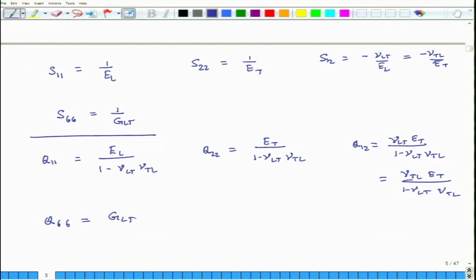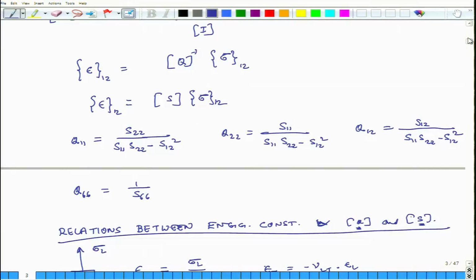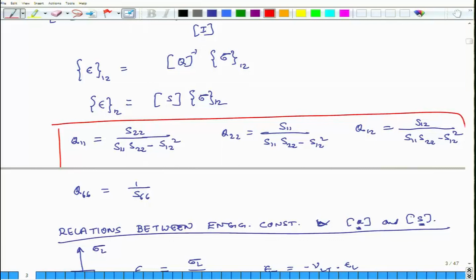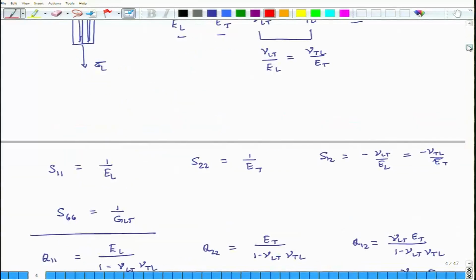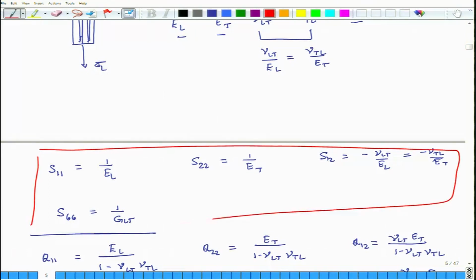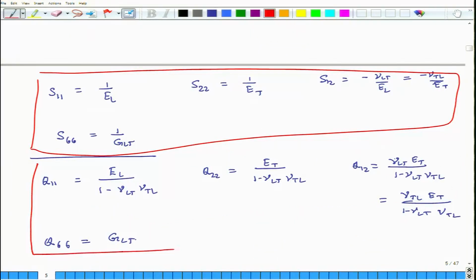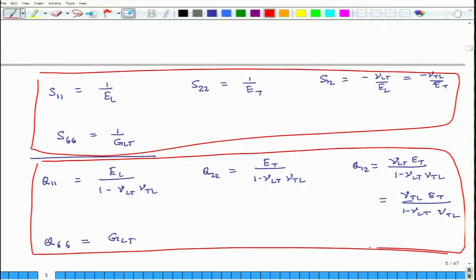So we have three sets of equations. The first set of equations, they relate Q's to S's, right. The second set of equations, they relate S to EL, engineering constants, and the third set of equations, they relate members of the stiffness matrix Q matrix to the engineering constants.